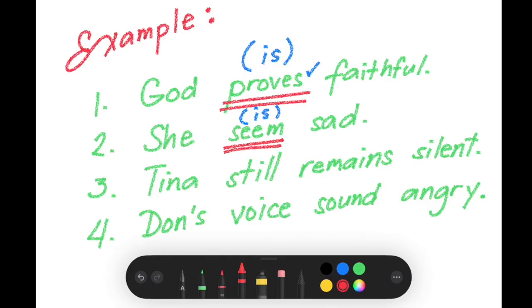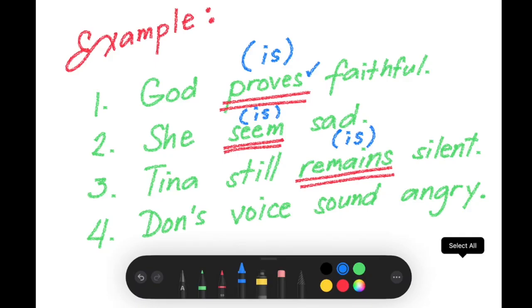Next, Tina still remains silent. Our verb here is remains. Now to test whether it's really linking, you need to replace it with is. Tina still is silent, or Tina is silent, right? And it does make sense.